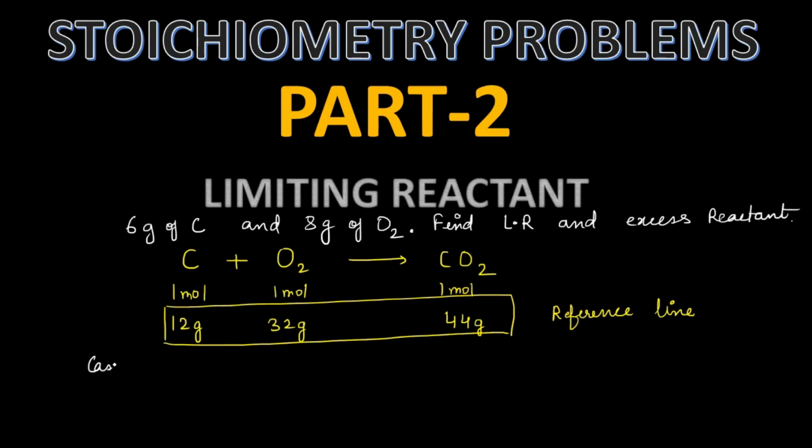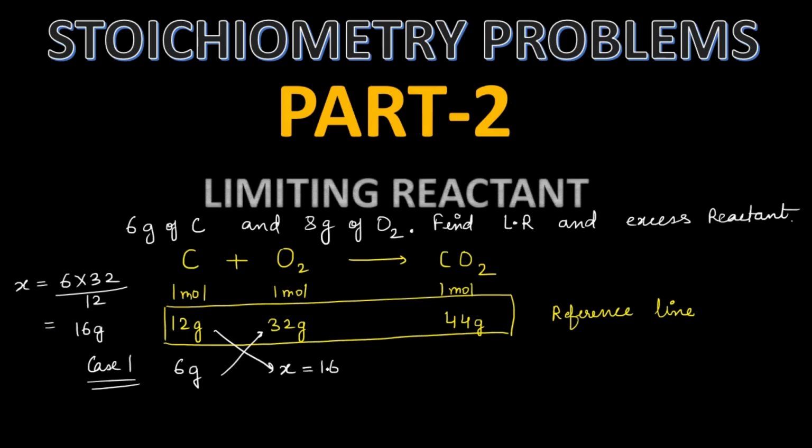So let's consider case number 1. If we take 6 grams of carbon, we can't take 8 grams of oxygen here. Why? Because this is given in the question, but we have to go by the mole ratio. So let's assume this is X. To find X, we use the unitary method, and X comes out to be 6 into 32 divided by 12, which is equal to 16 grams.